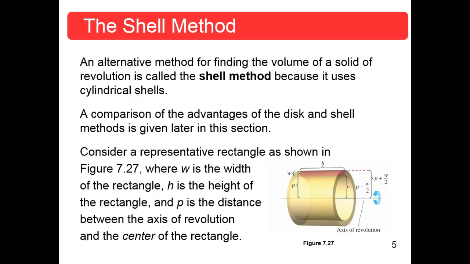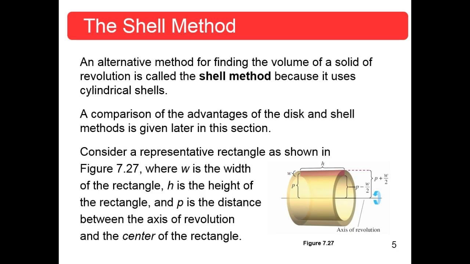Okay? W is the width of the rectangle that I think you'll see will later become maybe a dy, perhaps. That looks like that would be a good case for that. And H is going to be the length of that shell, the height. If it stood up this way, it would be the height.